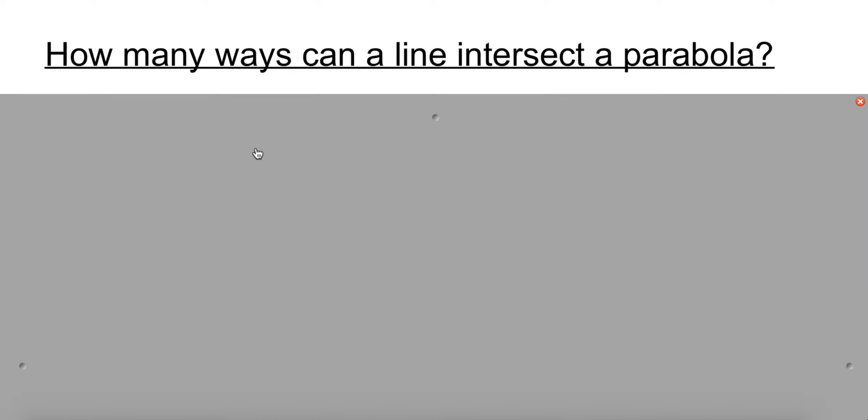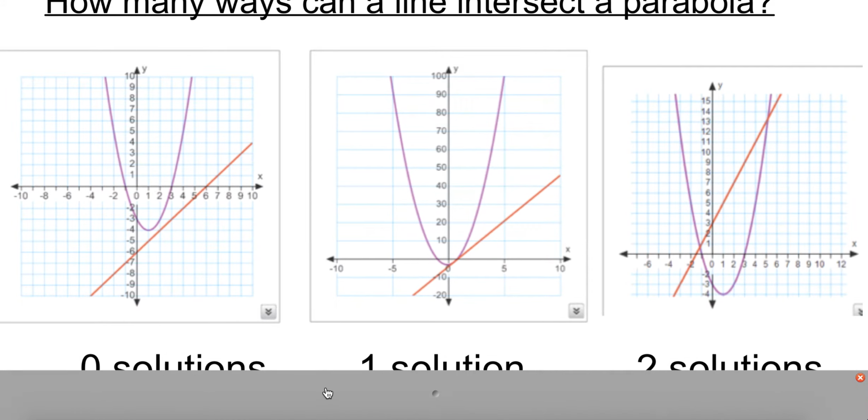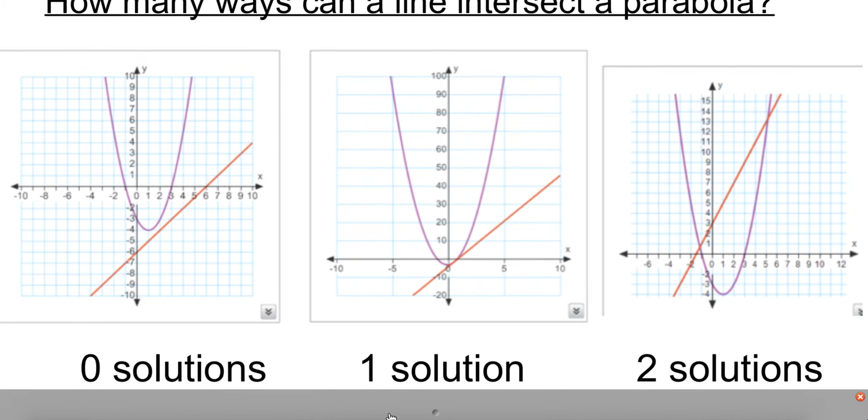So how many different ways can we do this? Well, if you think about it, if it's the exact same as the roots, then it should have the exact same answers. So we've got two solutions, one solution, or no solutions. No solutions happens when the linear line is below the vertex, or if the parabola had a maximum, it would be above the vertex.